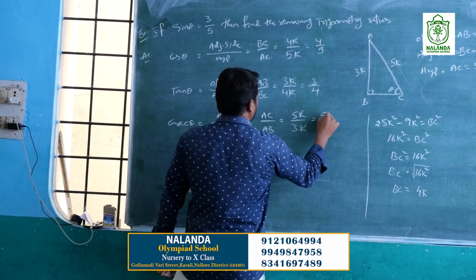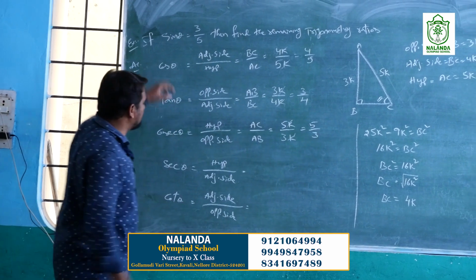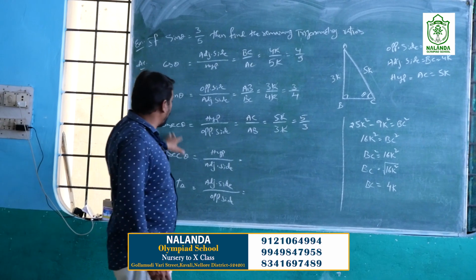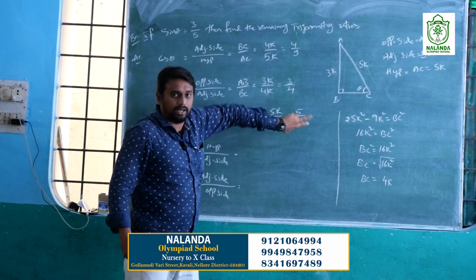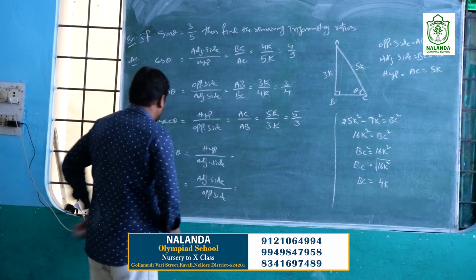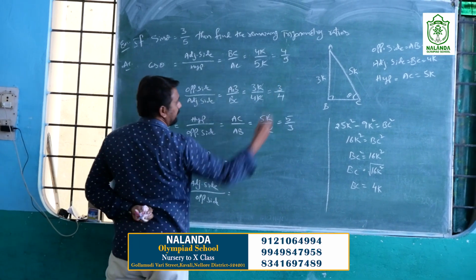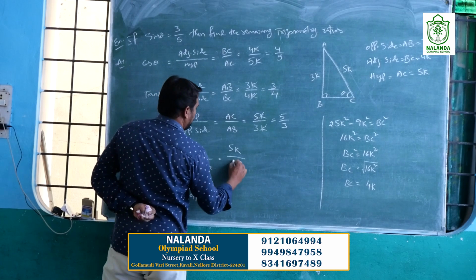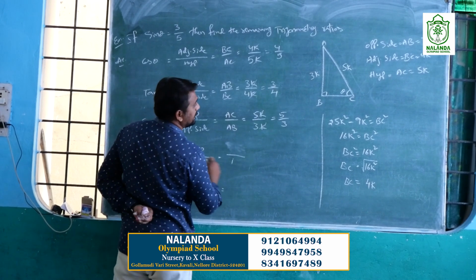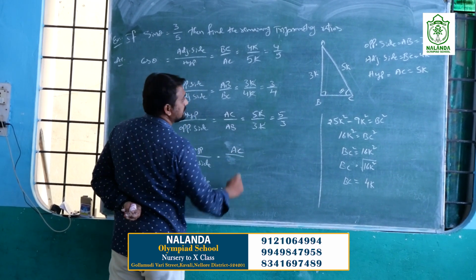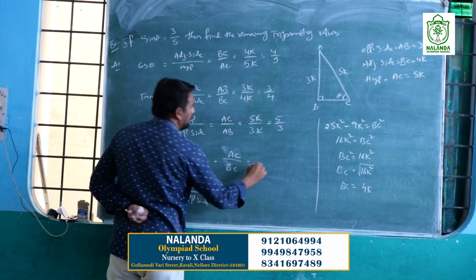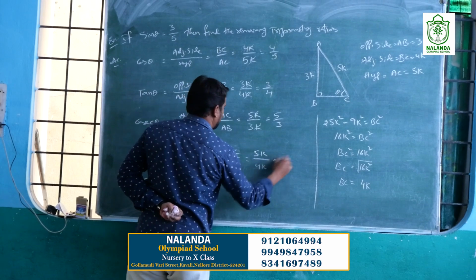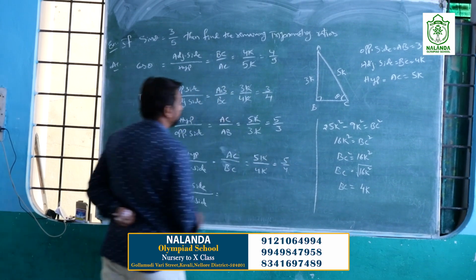K and K cancel, then we get 5 by 3. We can check here: sin theta is 3 by 5 and its reciprocal cosecant theta is 5 by 3. Then secant theta: the hypotenuse AC is 5K and the adjacent BC is 4K. Then we get 5 by 4.